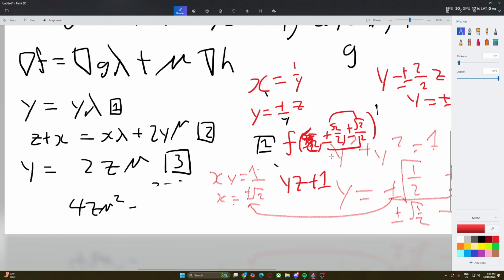No, actually, no, if they were both negative, that's how you get the lowest number. So we have either 1 minus 1/2 or 1 plus 1/2. That's equal to 1/2 as your min, and your max is 3/2.